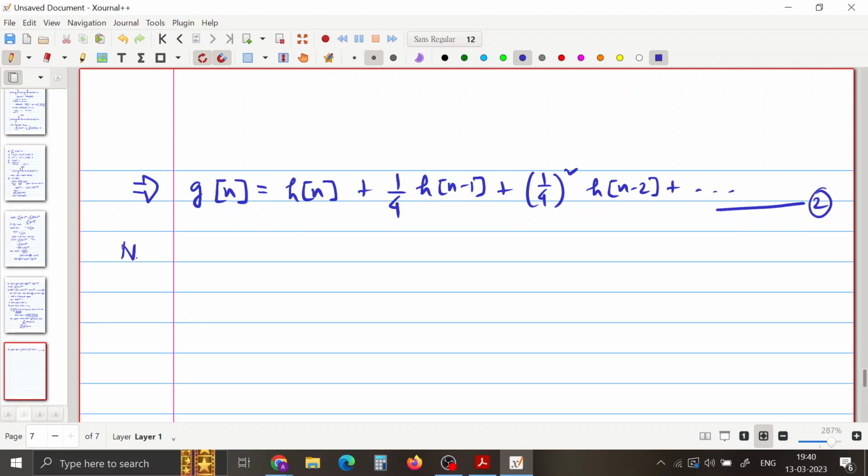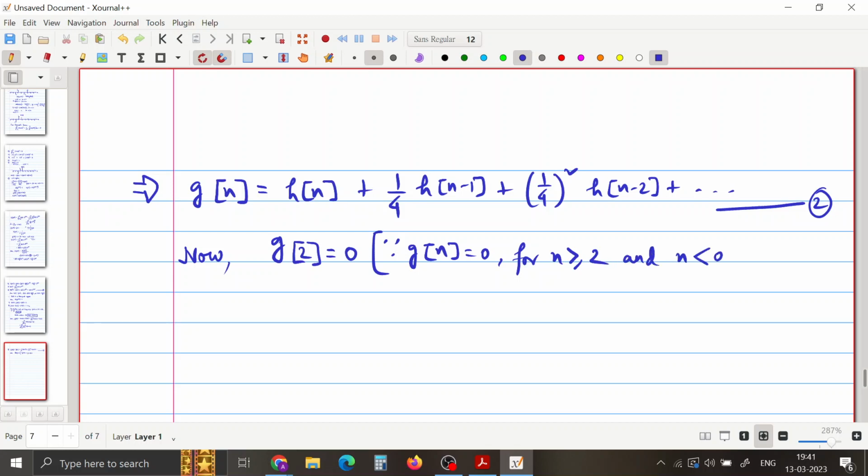So now remember, g of n was 0 for n greater than or equal to 2. So for n equals 2 also it was 0.